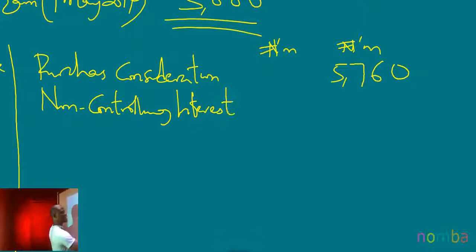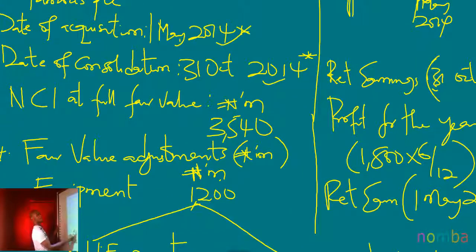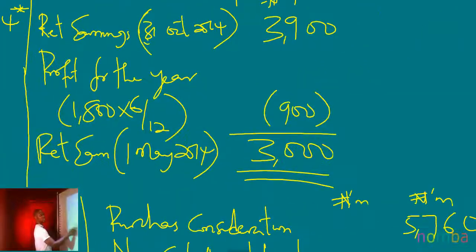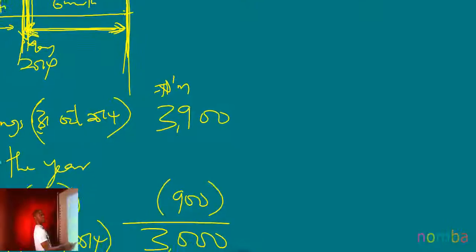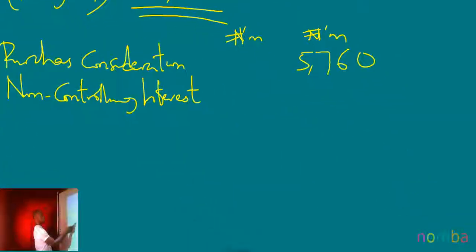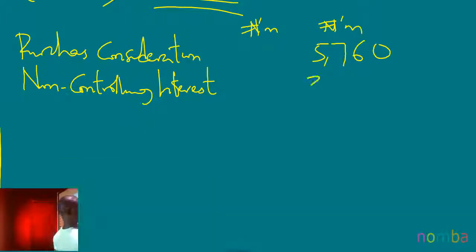We're told that the NCI is measured at fair value, and we have noted the figure up here, NCI at fair value, 3,540. So let's add it there. Yeah, this is my non-controlling interest, 3,540.